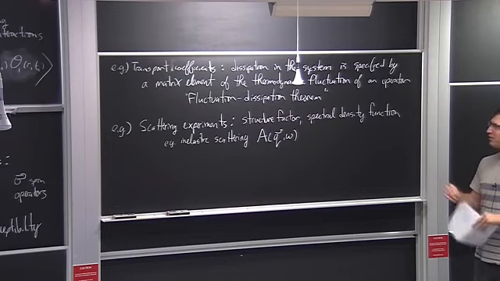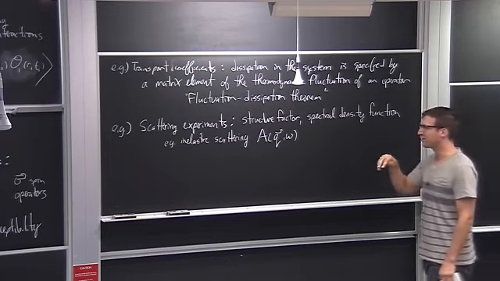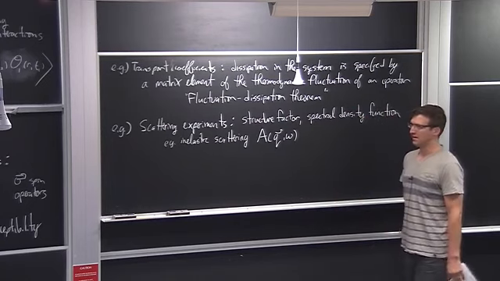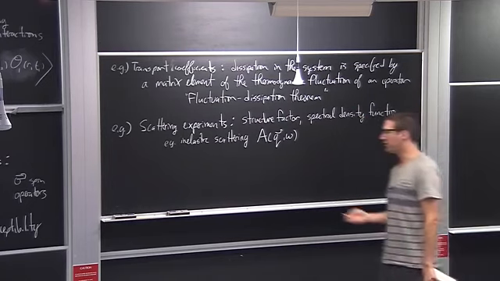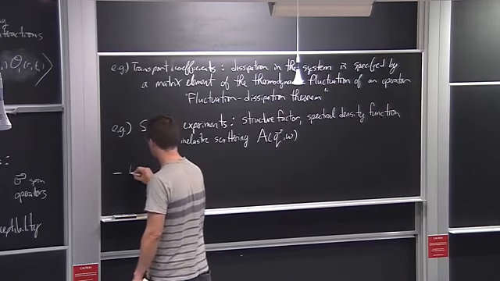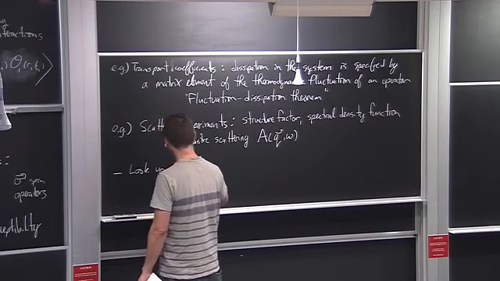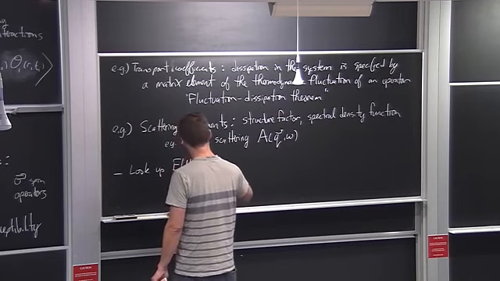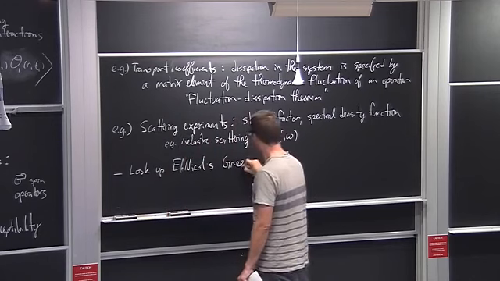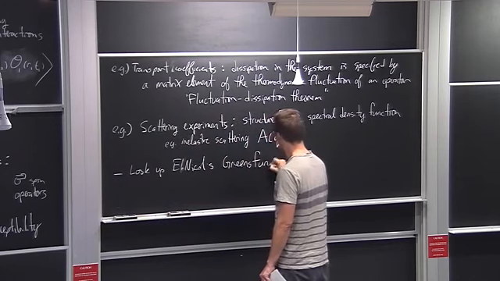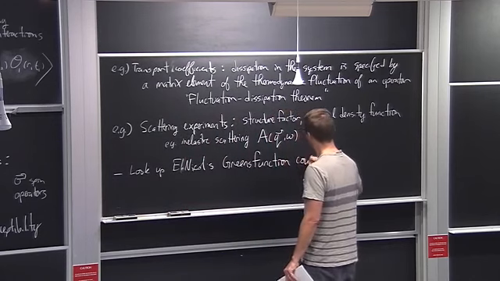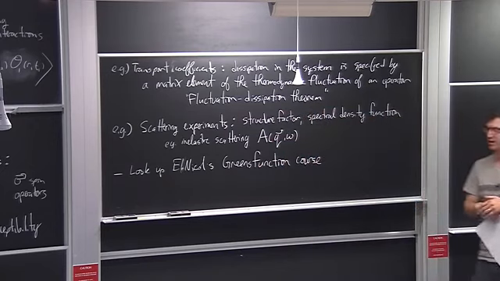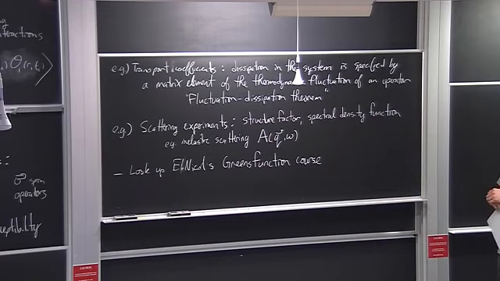So I won't go into any more detail about the relationship between correlation functions and response theory and so on. I forget the number of that course, but Elizabeth goes through in great detail the relationship between Green's functions and all these things.